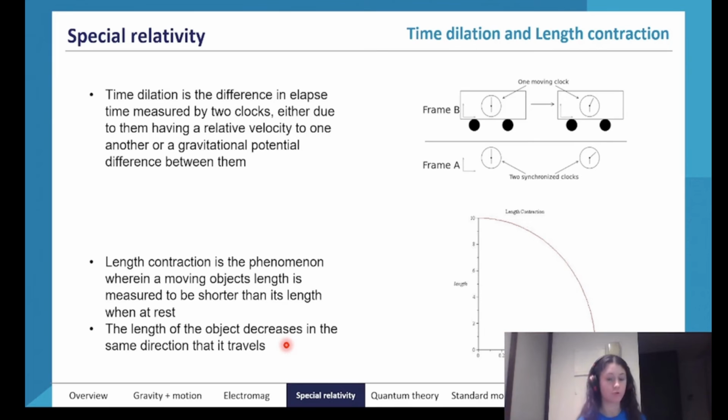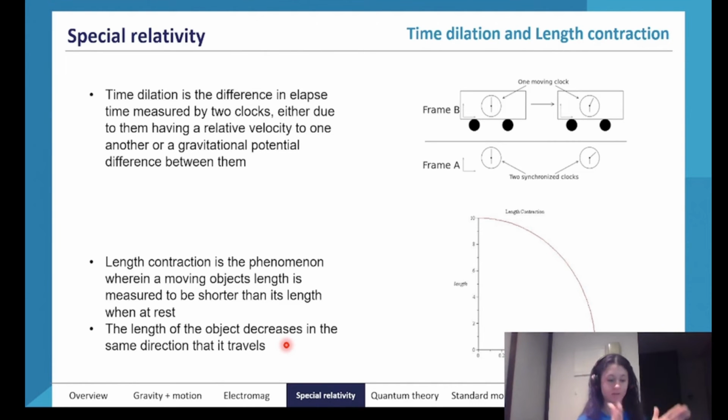Similarly, if you are the driver of that car and you are driving down the road really, really fast, you're going to experience everything outside of you as kind of skinnier in the direction of travel, right? That's also going to be squished up because from your perspective, the relative motion is the world around you.